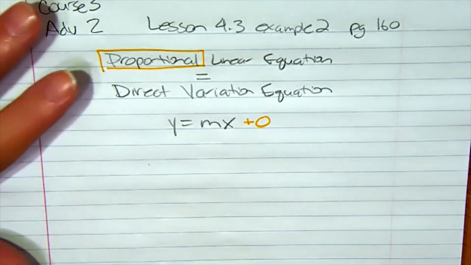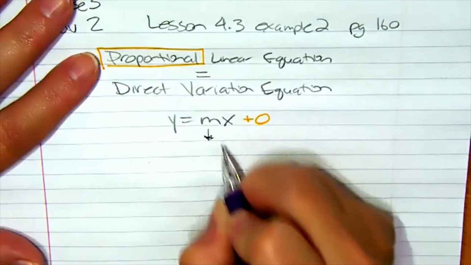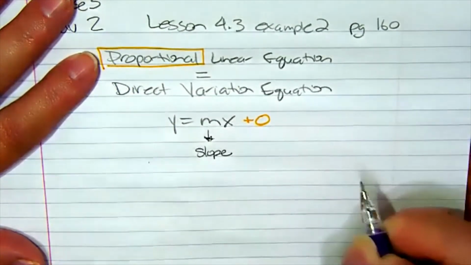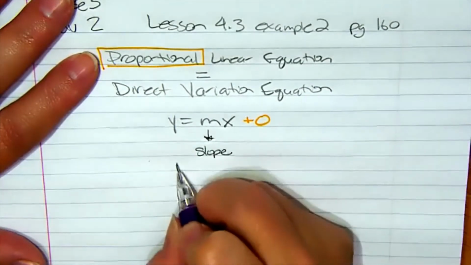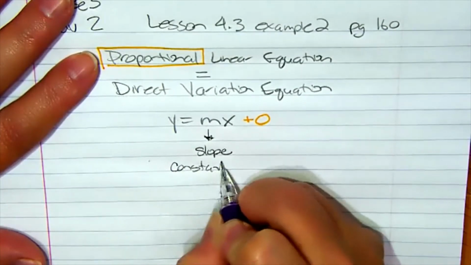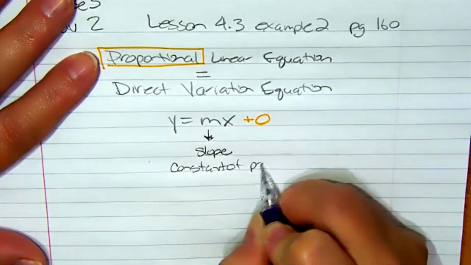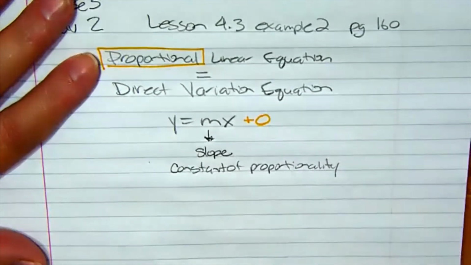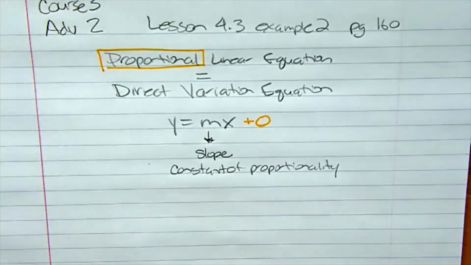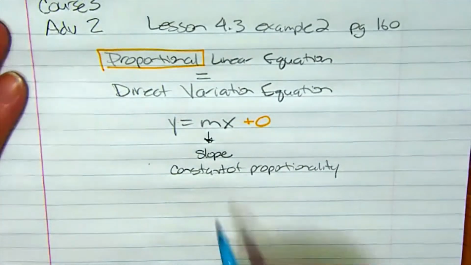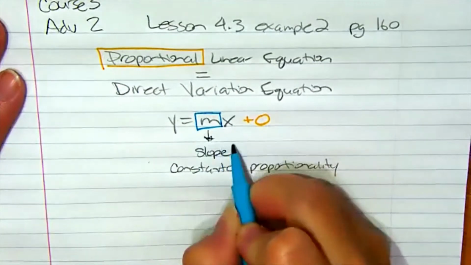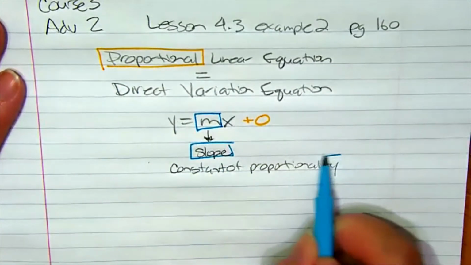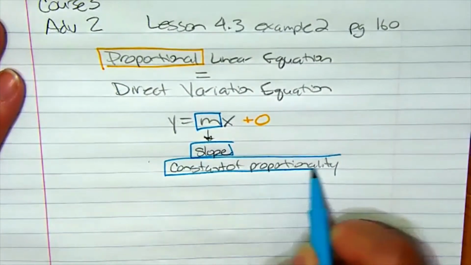Okay, I also know that m is my slope, and it's also called the constant of proportionality. So m is my slope, but it's also known as the constant of proportionality.